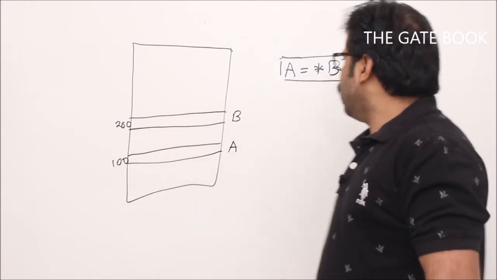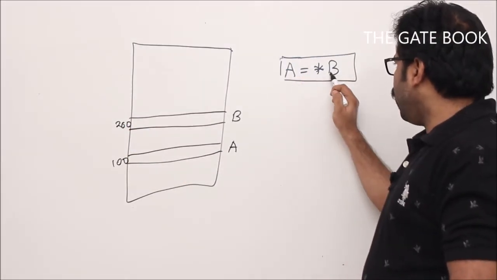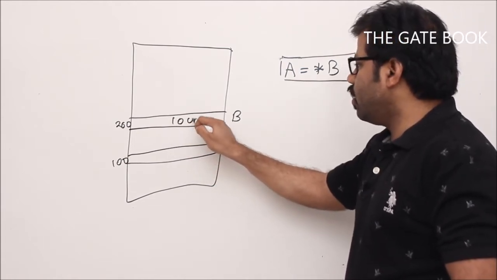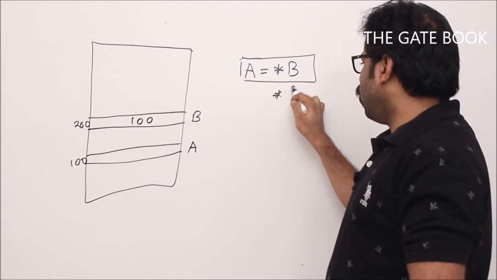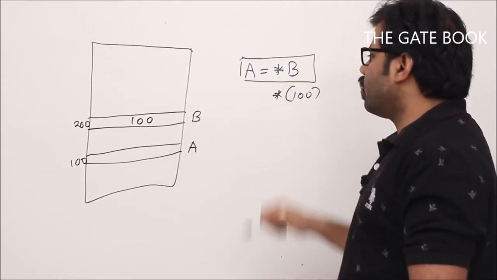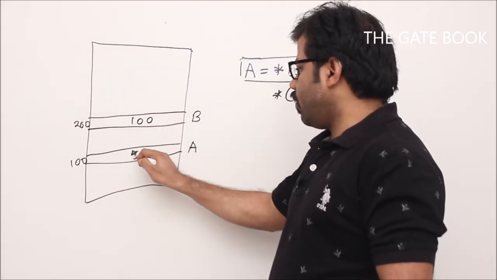So A equal to star B means we have to write the value at B. B is, let's say, having memory address 100. In C programming, B means 100, and star 100 means the value at memory address 100. Let's say this is 5.